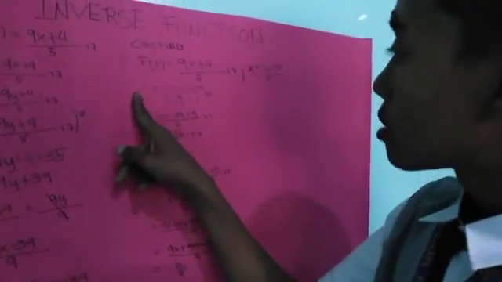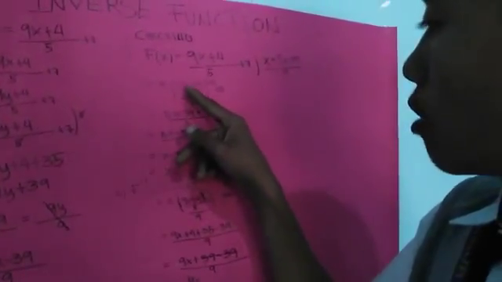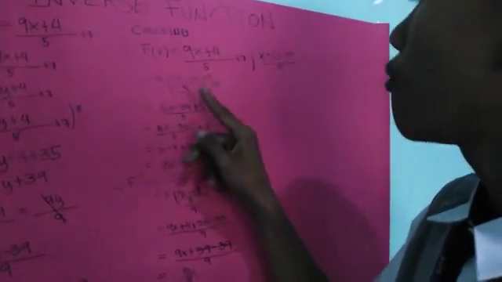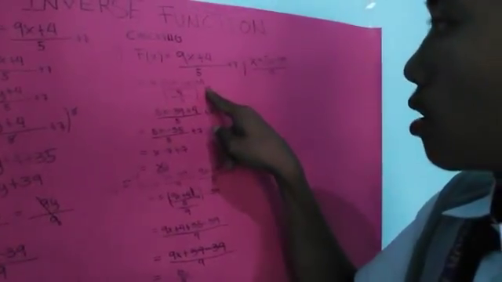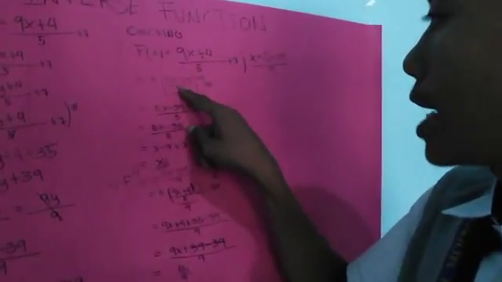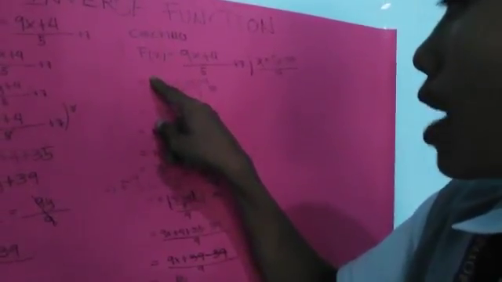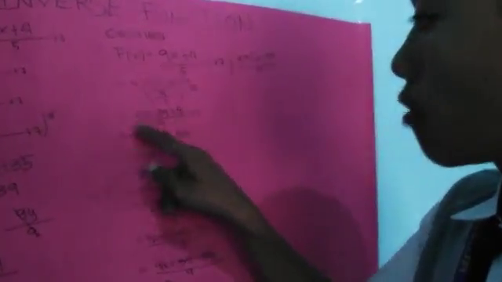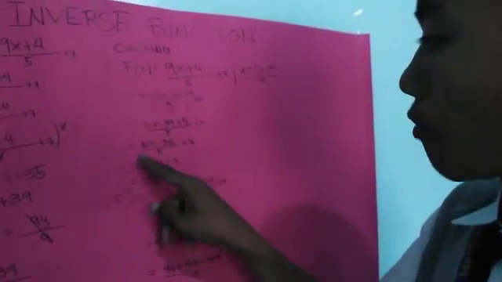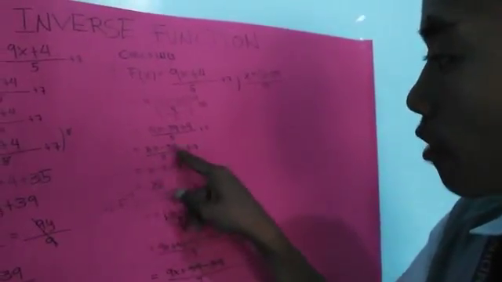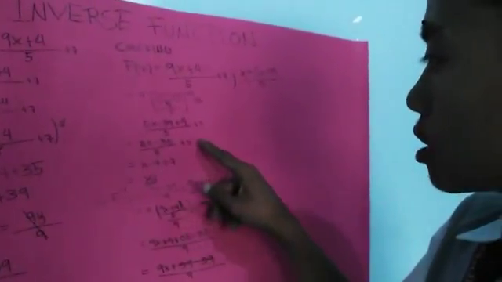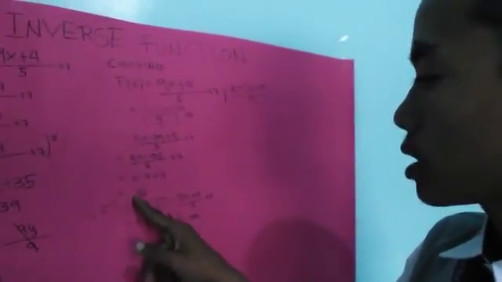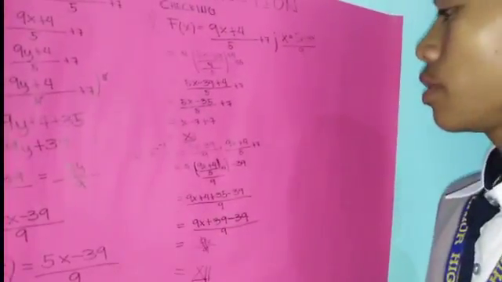So it equals (9 times (5x minus 39) over 9, plus 4) over 5, plus 7, and 5 times 7 is 35. Cancel out the 9, and (5x minus 39 plus 4) over 5 plus 7, (5x minus 35) over 5 plus 7, and simplifying, equals x minus 7 plus 7, which equals x.